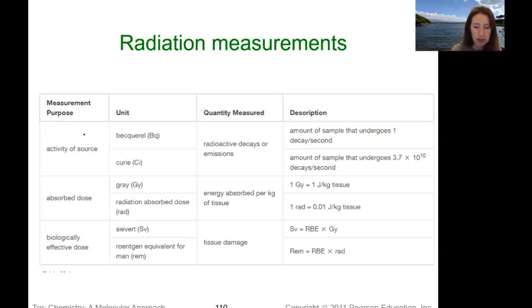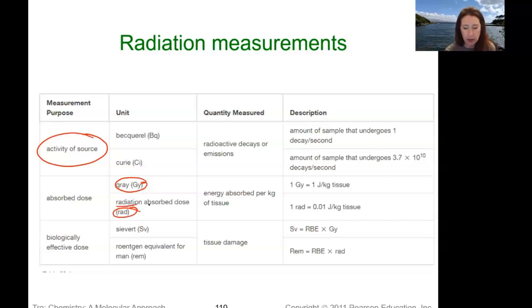Okay, so I have a table here that I think helps explain it a little better. Here's the activity of the source, which is the decays or emissions, like how many times the alpha decays per second. And then you have the absorbed dose, in Grays or Rads, radiation absorbed dose. This is the energy absorbed by the tissue.